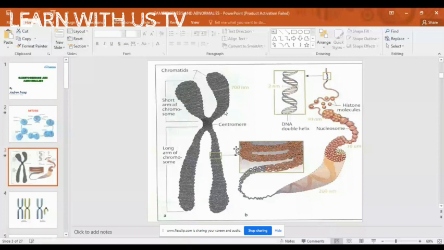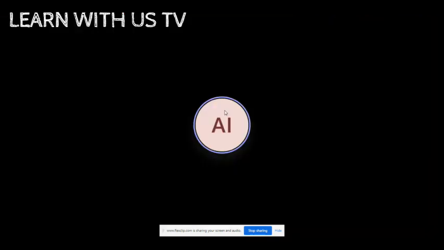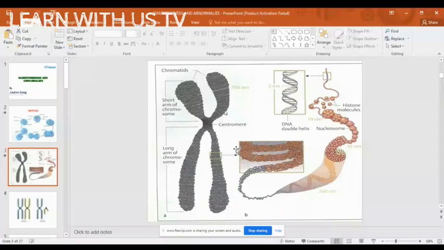Yes, sir. The problem starts when there is a problem with mitosis, that is where we begin to have abnormalities. When there's a problem with mitosis, there will be phenotypic differences.